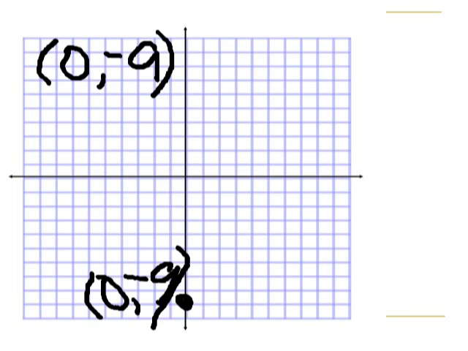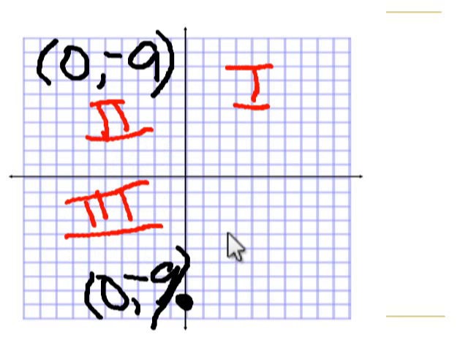Starting in the upper right-hand corner, I have quadrant 1. Then I go in the direction of a C if I was going to make a C. So this is quadrant 2. This is quadrant 3. And this is quadrant 4. So now the question is, in which quadrant does 0, -9 lie?